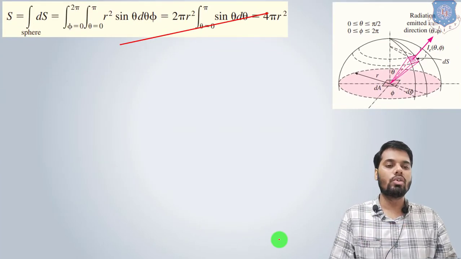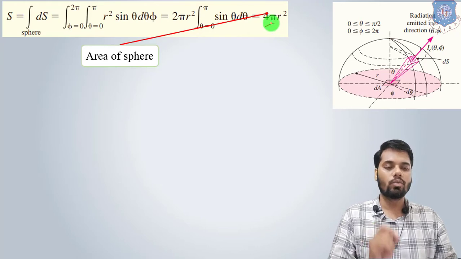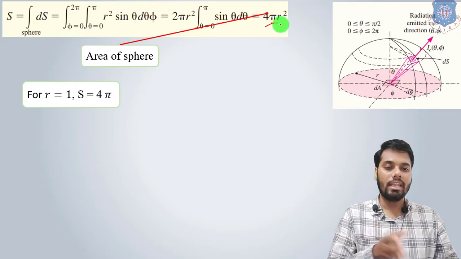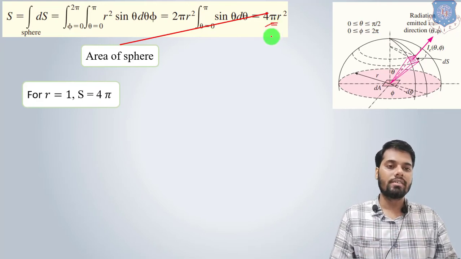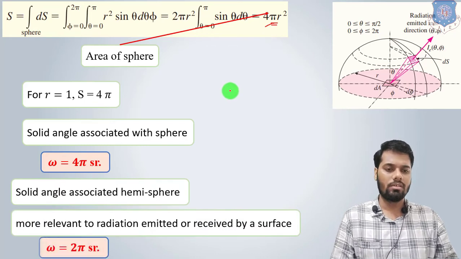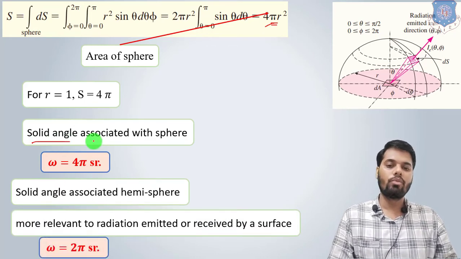Now if the radius of the sphere r is equal to 1, it will give us 4 pi. This 4 pi r square is the equation for the area of a sphere. For unit radius, this becomes 4 pi. For a hemisphere, it will be 2 pi.